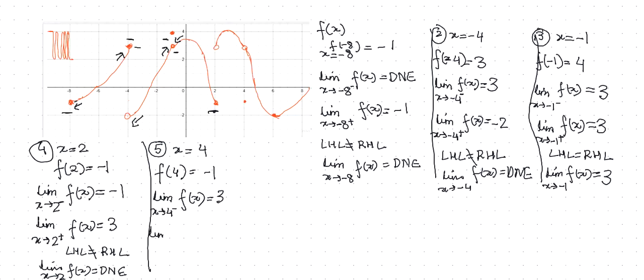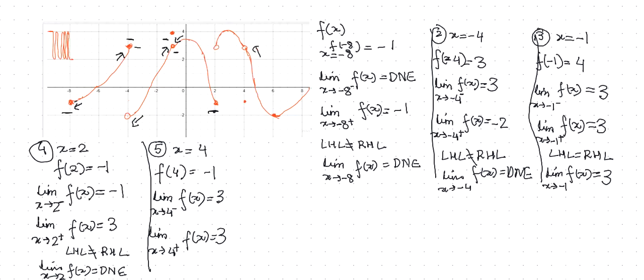And when it is approaching from right hand side, when x is equal to 4, the value of the function approaching from right hand side is approaching value of 3.